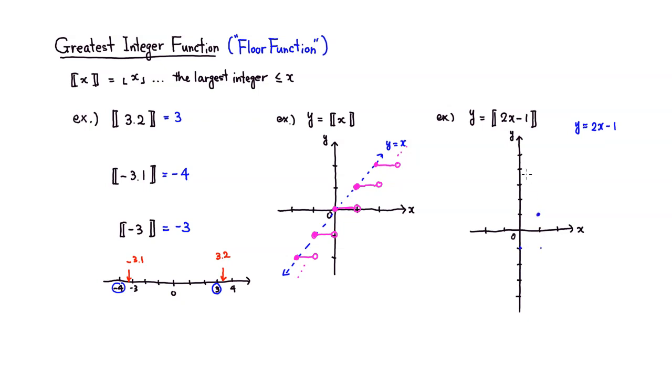So it's going to go through that point, and going further, you go up 2 units, so it's going to go through there. And going back, you go down 2 units, so it's going to go through there. This is more or less going to be the picture. So the slope is 2, and the y-intercept is -1. This is the picture.